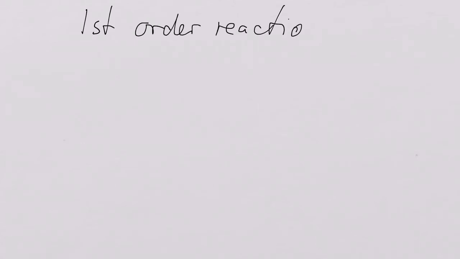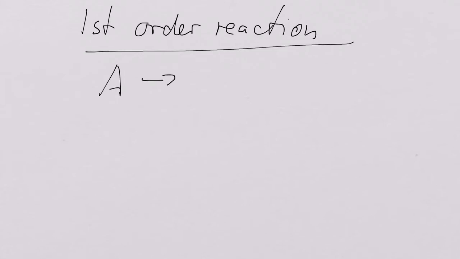Now let's have a look at zero order, at first order reactions. Again, we have a substrate or reaction where we have an A, that's our substrate or reactant, and that is consumed. And we can write the general rate equation.